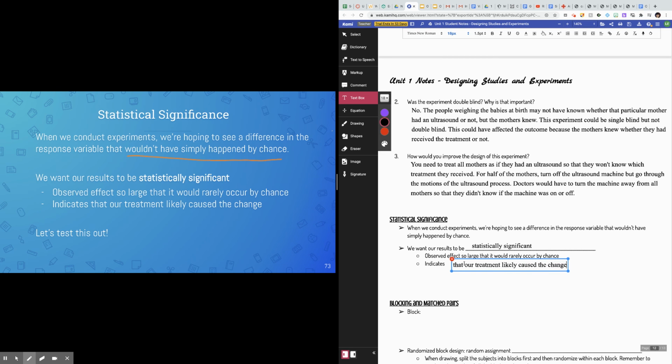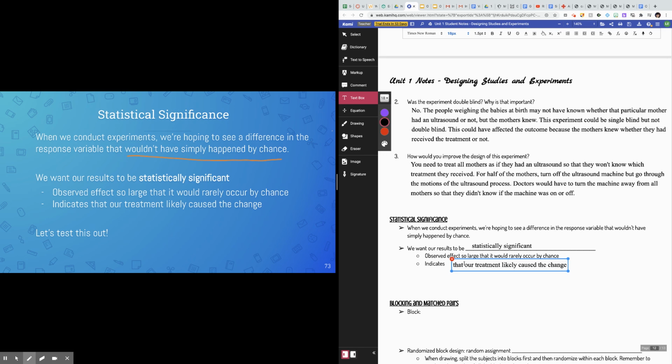We're going to get a lot more into statistical significance throughout the year, but this is really the goal. Remember, this class is about a search for the truth. So when we conduct these experiments, the goal is to identify a truth about a group of people, a group of things, a population of some kind. If that difference or that truth could have occurred just by random chance, then maybe it's not really a truth about that population.